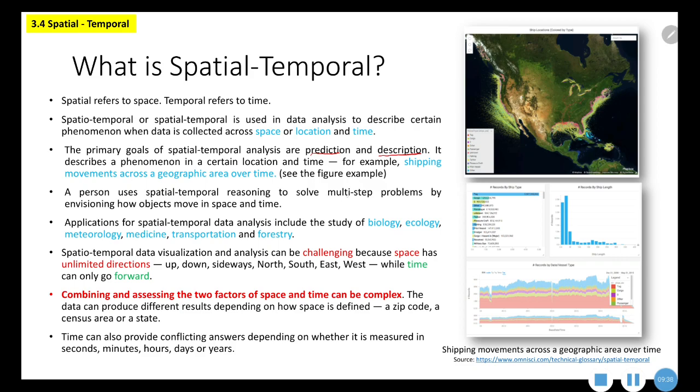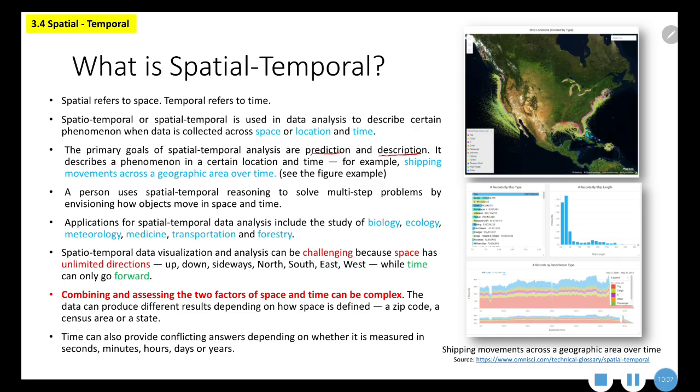You can see that in this figure example. We have the records of the ship type, the records of the ship length, and the records of the date of the movement of the vessel. So we can locate the movement of shipping from one place to another place over time.